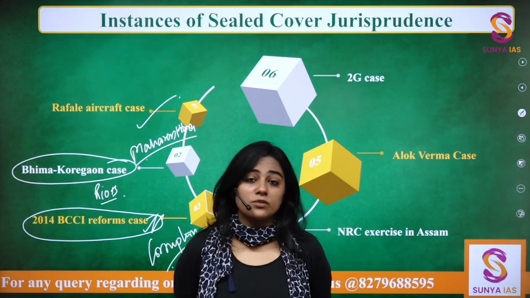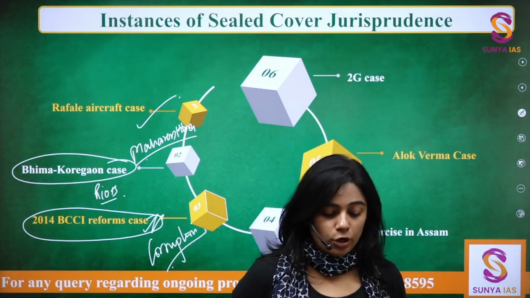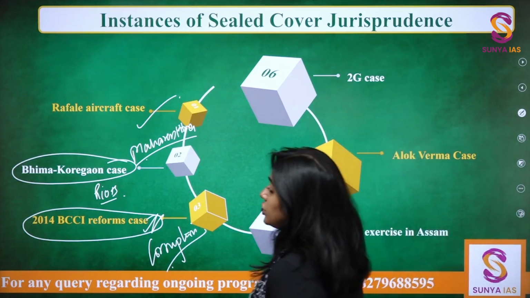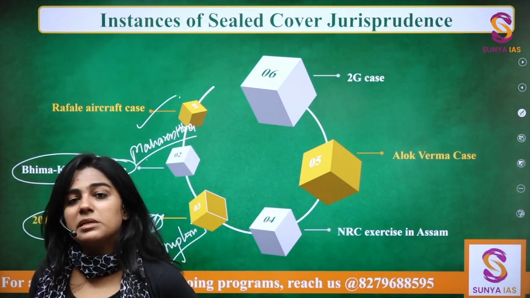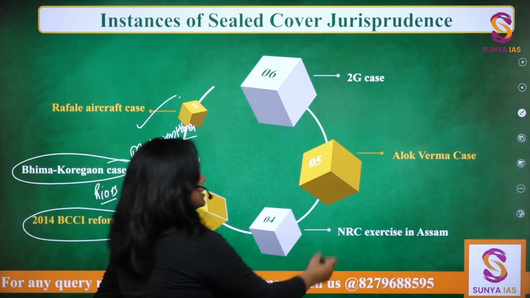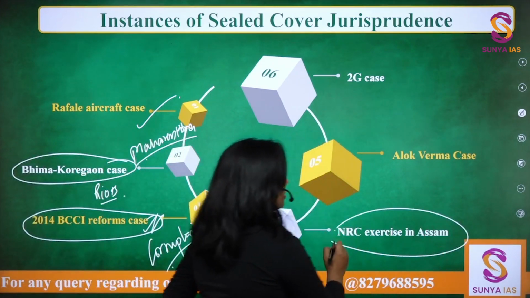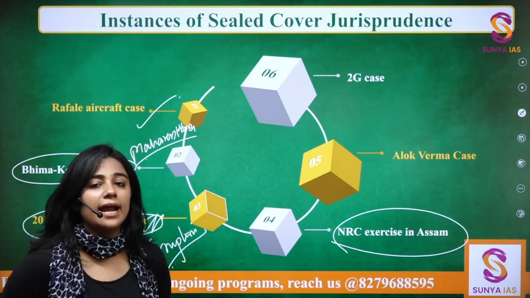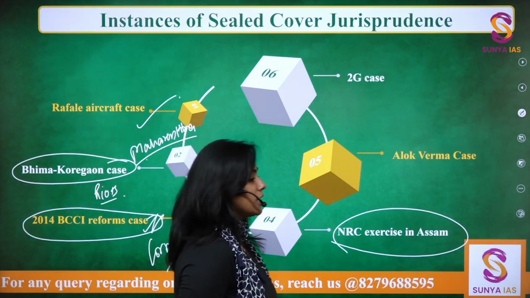So information was provided, but it is not there in the public domain, right? So the information here was provided by BCCI itself. Okay. Then the NRC exercise in Assam, the National Register of Citizens, a very long standing demand but a very controversial aspect also.